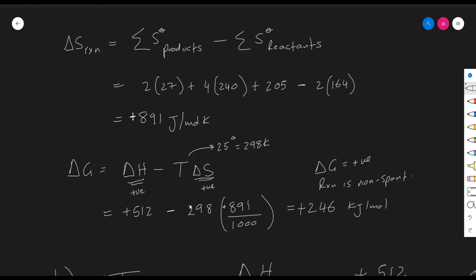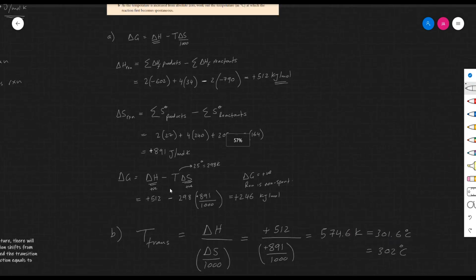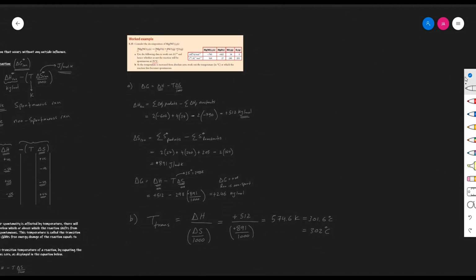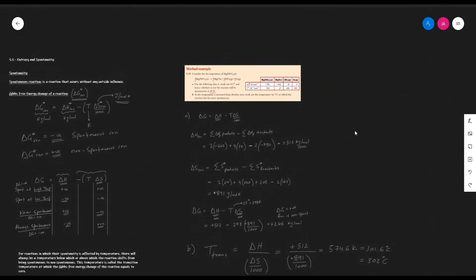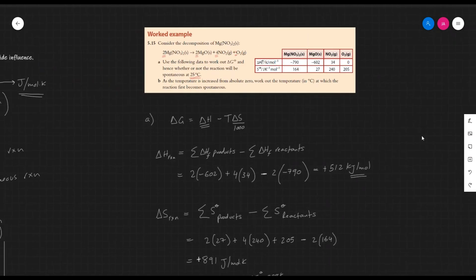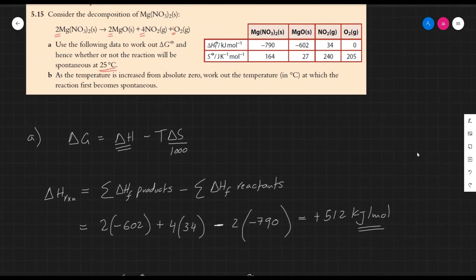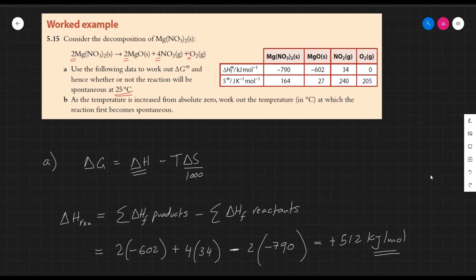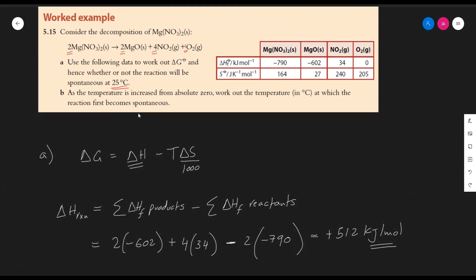Therefore, this reaction's spontaneity is affected by temperature change, and in the next section we are required to calculate the transition temperature, the temperature above which or below which the reaction transitions from being non-spontaneous to spontaneous.